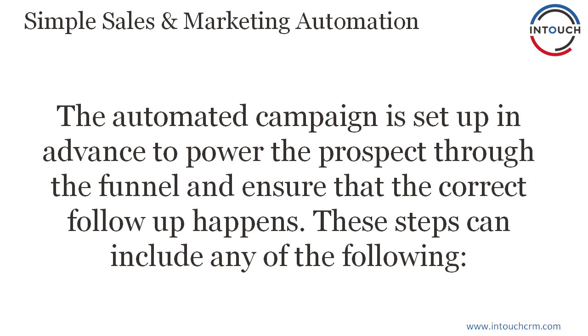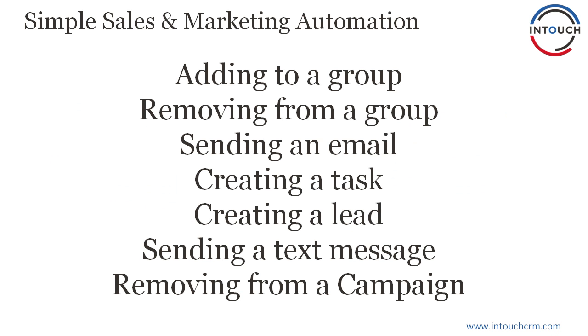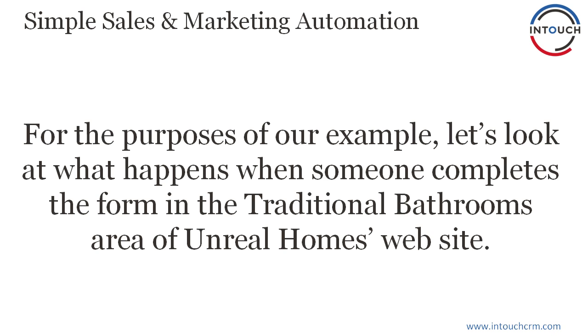These steps can include any of the following: adding to a group, removing from a group, sending an email, creating a task, creating a lead, sending a text message, and removing from a campaign. For the purposes of our example, let's look at what happens when someone completes the form in the traditional bathrooms area of Unreal Homes' website.